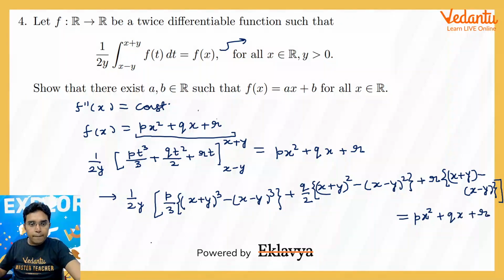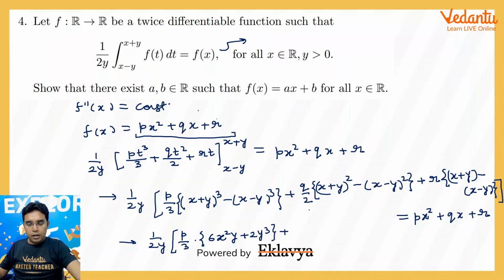Now please see what we will be getting after simplification. 1 upon 2y here, and p by 3 into x cube will get cancelled. The other term will be 3x square y, and here it will get added because there will be minus minus, so plus. So here we will get 6x square y, and then 2y cube also.